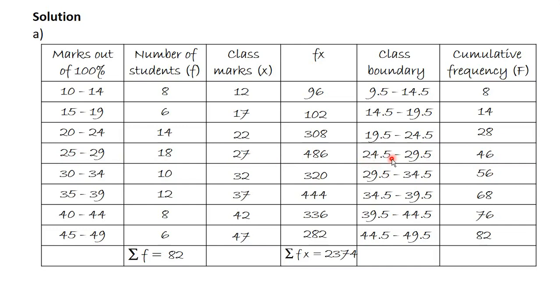And when it comes to the median, when we want to get the lower class boundary of the median class, for us to get the median class, we use the cumulative frequency. Now remember, we shall get the highest value of the cumulative frequency, that's 82, which is usually the summation of f, and then divide by 2, which will give us 41, and then we see where the 41 lies.